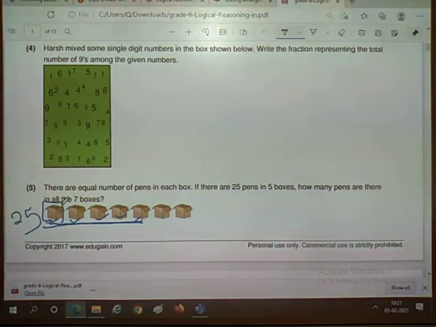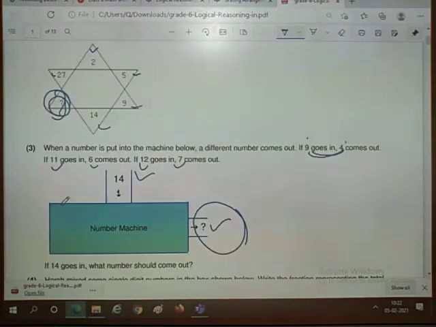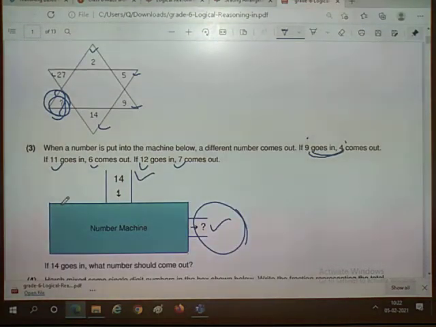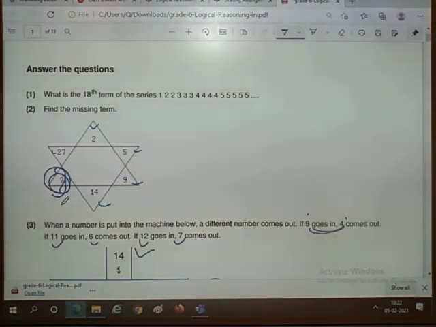Okay? Now just solve the first 5. After 30 I will ask the answer. Class, have you taken the screenshot? Yes, ma'am. All the 5 questions you have? Class, take the screenshot right now. Okay, take the screenshot. I am telling you, please take the screenshot.